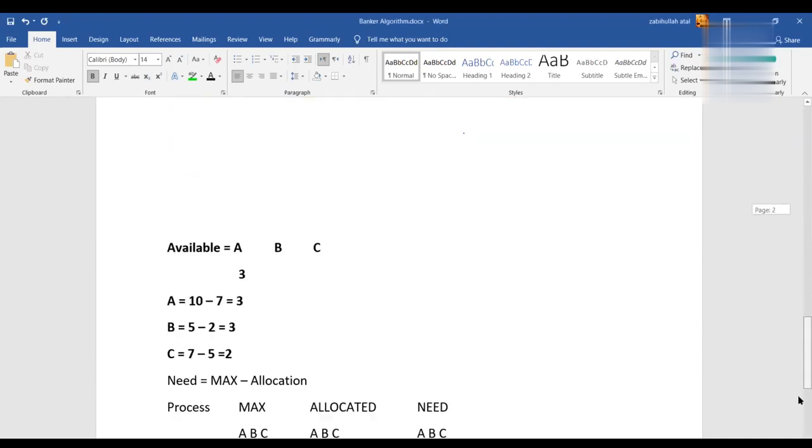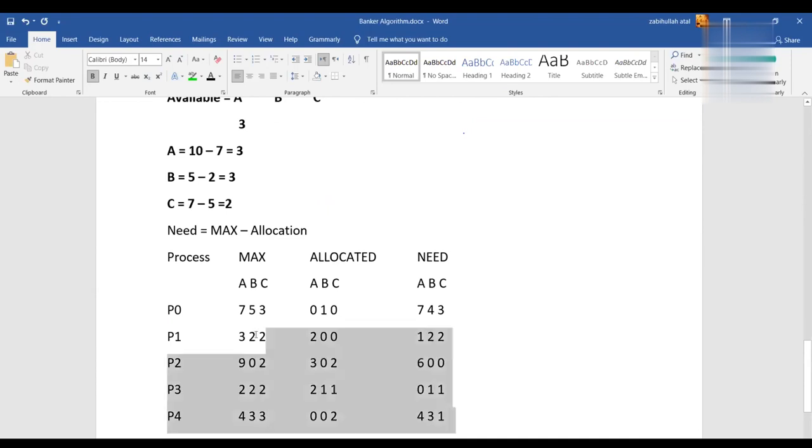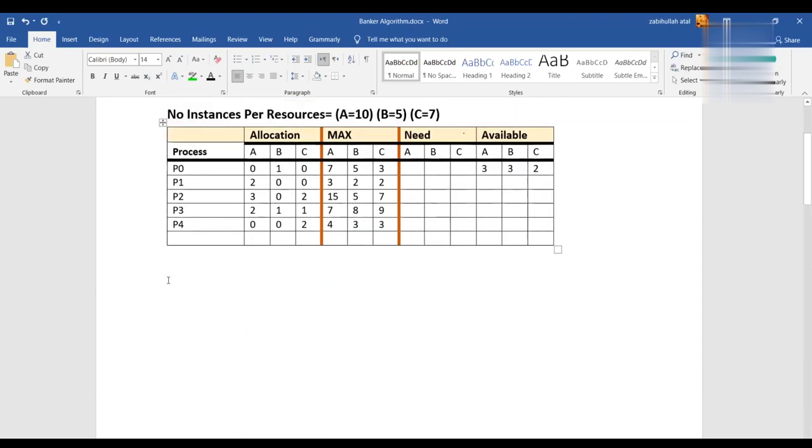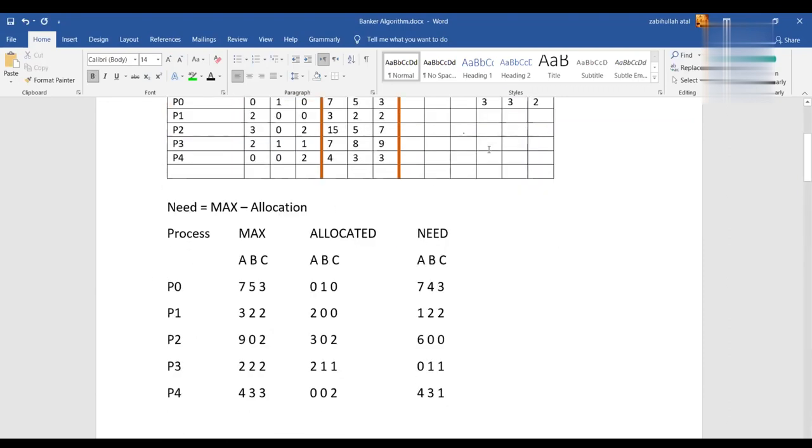So I am going to copy this table here. Good.